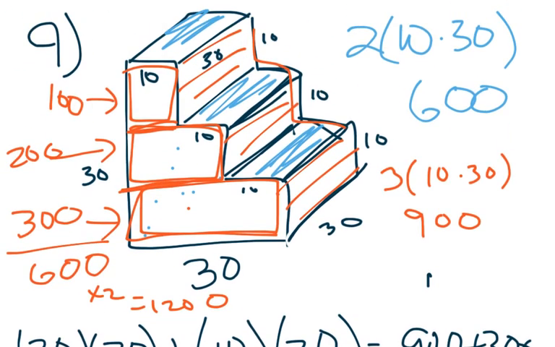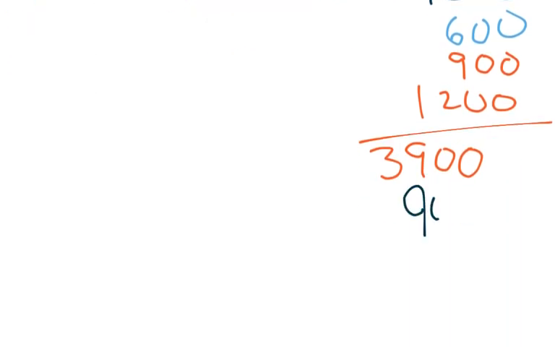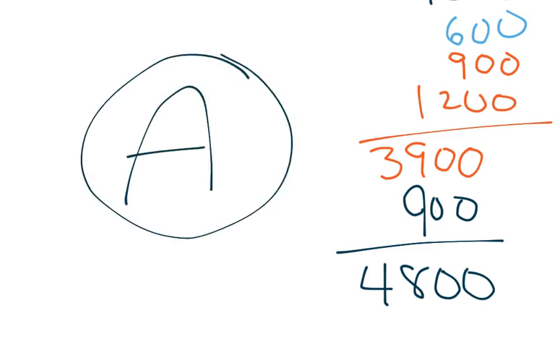The back side. So the one that's going straight up and down and across over here, we can't see that. So that is 30 by 30, and that is 900. So let's add another 900 to this 3900, and that is 4800. And that matches up with A. So the answer to number 9 is A.